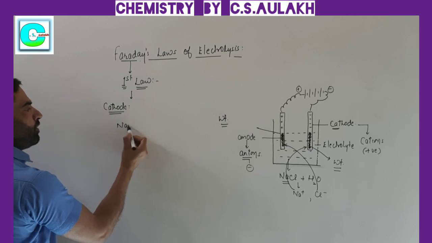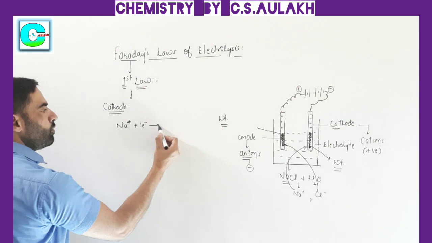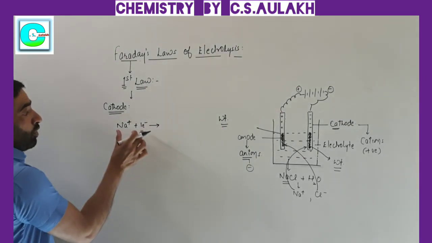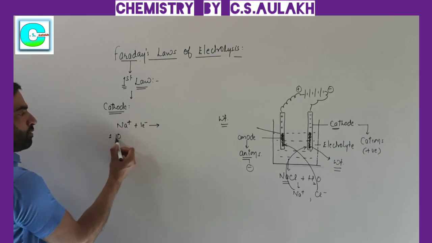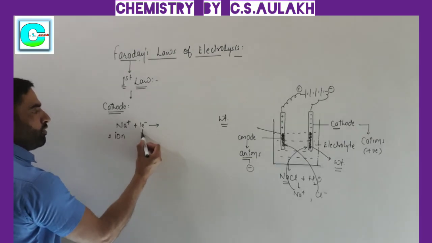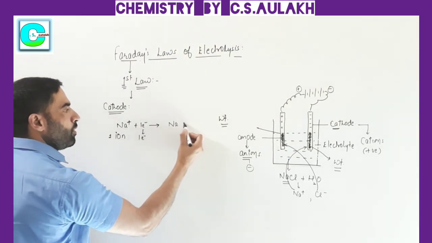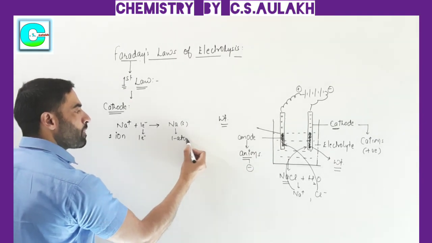So on the surface of cathode there are sodium ions. When a sodium ion moves toward the cathode, one sodium ion with the gain of one electron produces one sodium atom.